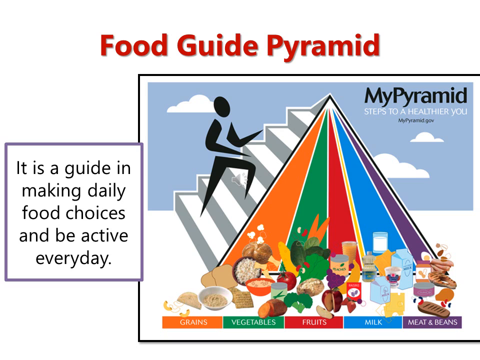which means that our nutrition should be sourced from different food groups. That means you should have grains, vegetables, fruits, milk, and meat and beans in your diet, because each of these nutrients has different functions in our body.